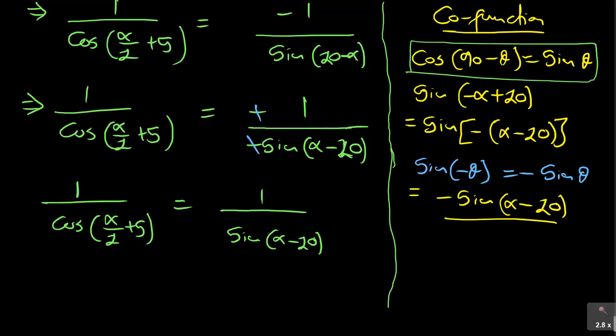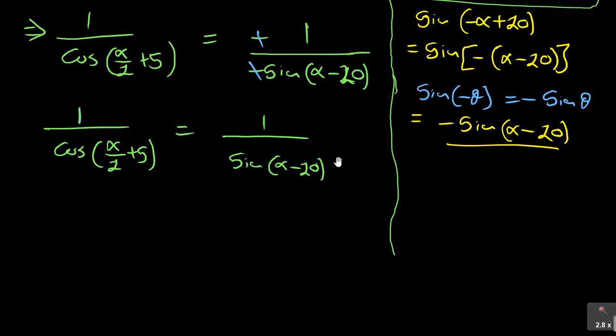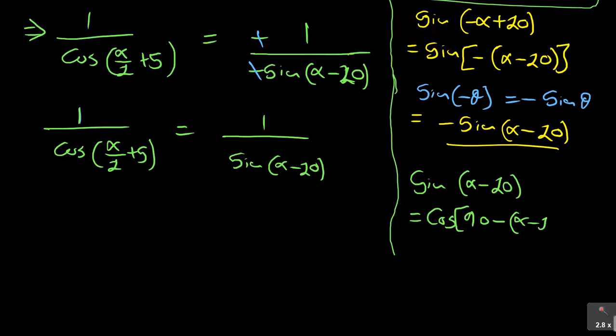So now how am I going to use it? The aim is to make this into a cos, to convert that sine into a cos. So it means I'm going to say sine of alpha minus 20 is equal to cos, remember the cofunction, of 90 minus theta, and my theta is alpha minus 20.